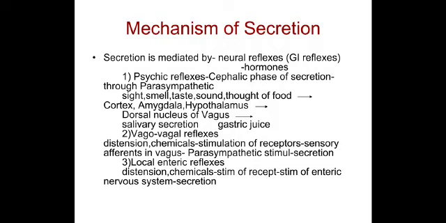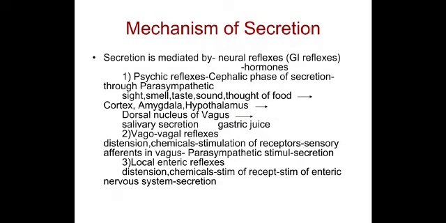The higher centers like the cortex, medulla, and hypothalamus, along with the dorsal nucleus of the vagus, control salivary secretions, gastric juice, and vagovagal reflexes, which are mainly due to mechanical distension.